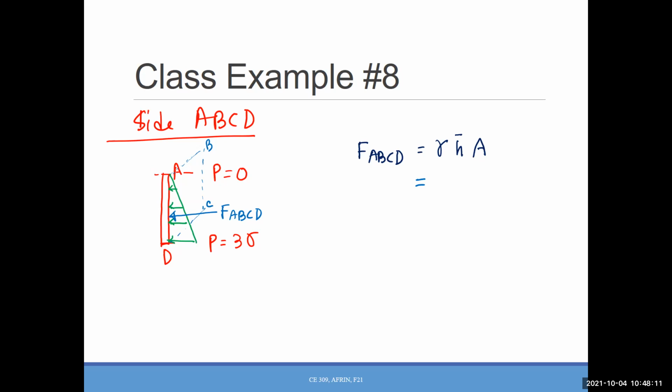Good. So we know this is a rectangular plate, and if you go to the statics table here, for the rectangular shape you will see that the centroid is actually halfway. And area will be what? Calculate that and tell me.